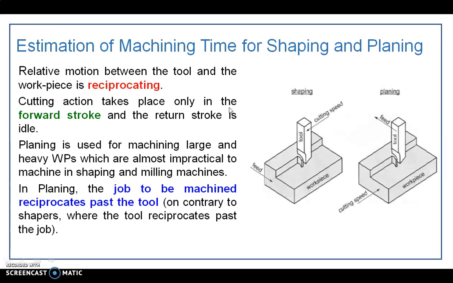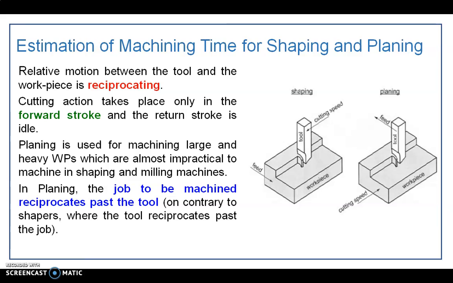Whatever the machining processes we had seen, turning, drilling, boring and milling, where either the tool rotates or the workpiece rotates in order to achieve the cutting process, the rotational speed is used to calculate the machining time.